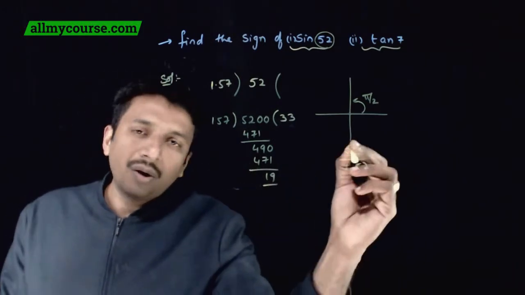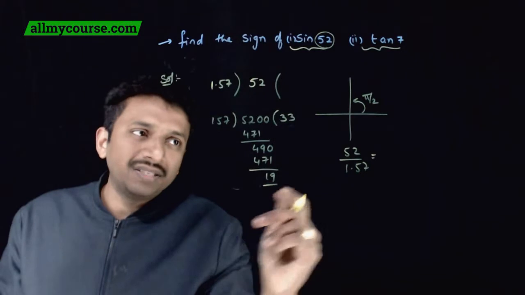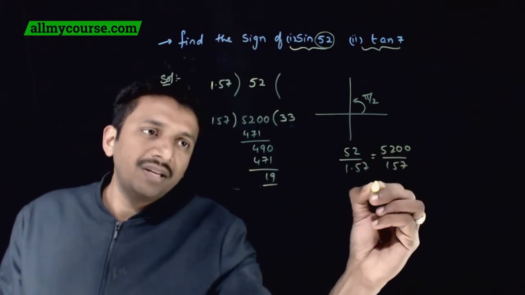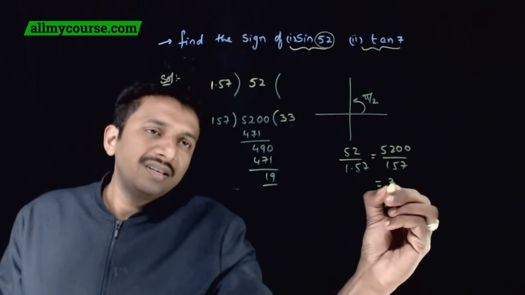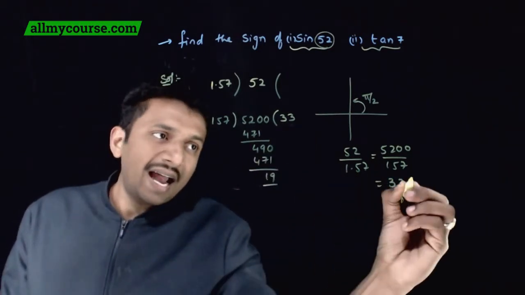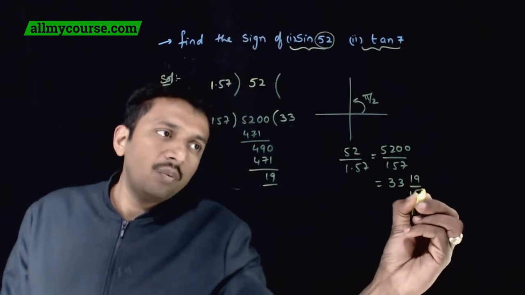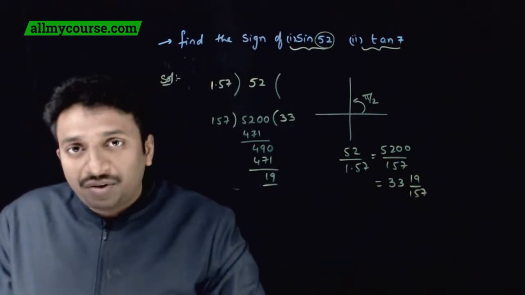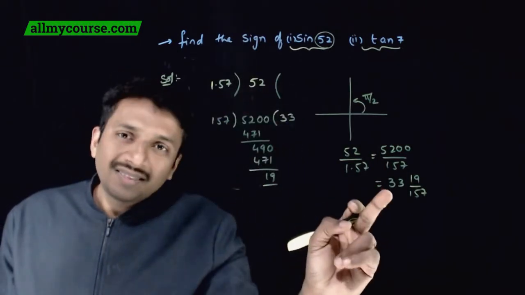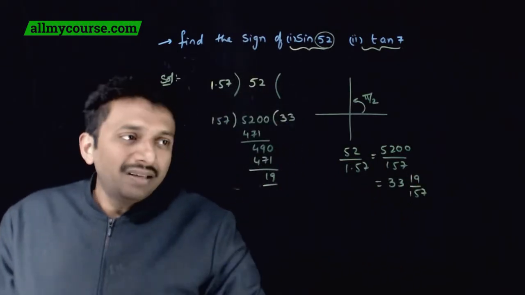So 5200 by 157 is equal to 33 as the quotient, 33 and 19 out of 157. That's a mixed fraction that you get. So 52 by 1.57 is 33 and 19 by 157.